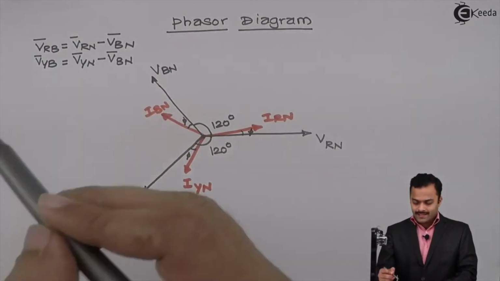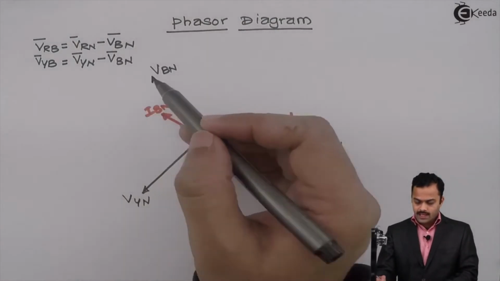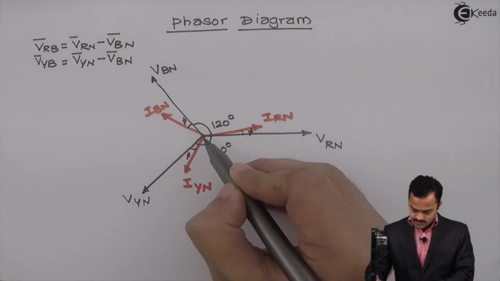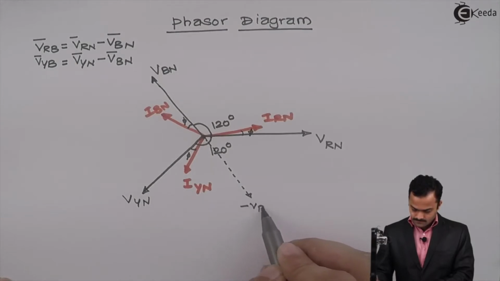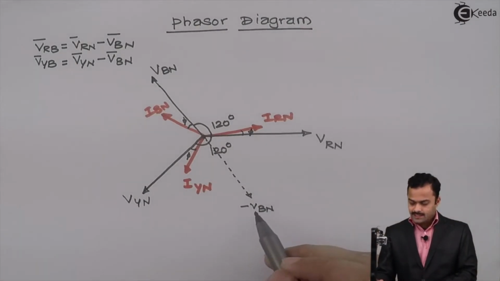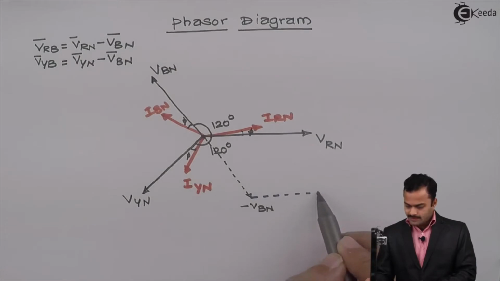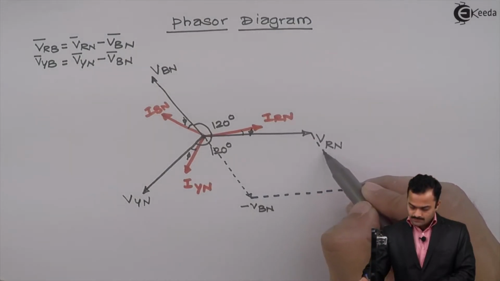So my job is to get minus VBN. So equal and opposite to VBN, I will have minus VBN. So I will draw that. Now I can add VRN and minus VBN. Remember, it is a phasor addition, so we need to form a parallelogram.